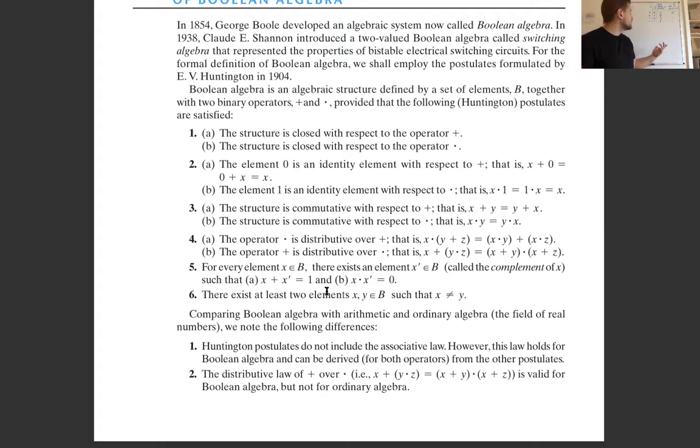I think we're safe saying that this column represents this Boolean operation plus sign.